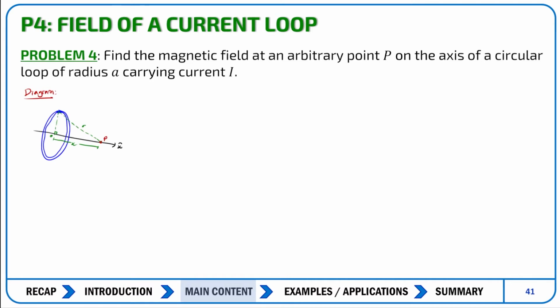So next, there is a circular loop that carries a current of I. We're just going to assume the current is going counterclockwise, facing it from the right, and that means our dl would be like this. Now that we have r, we also know that this direction is r hat.